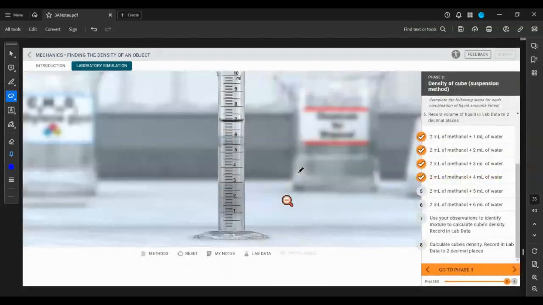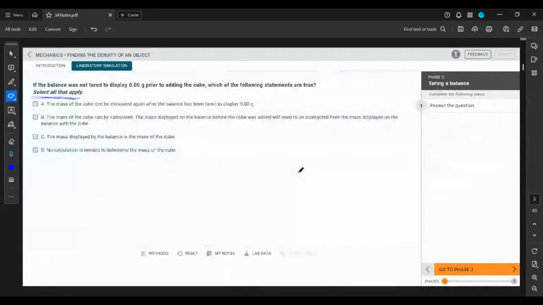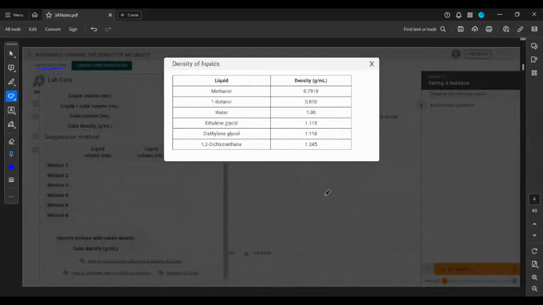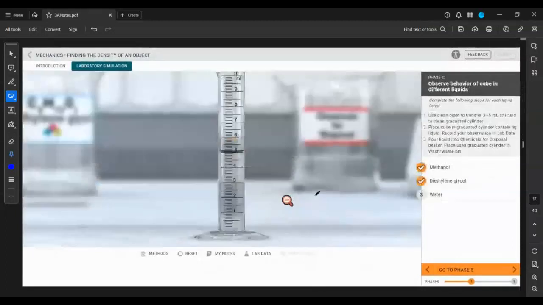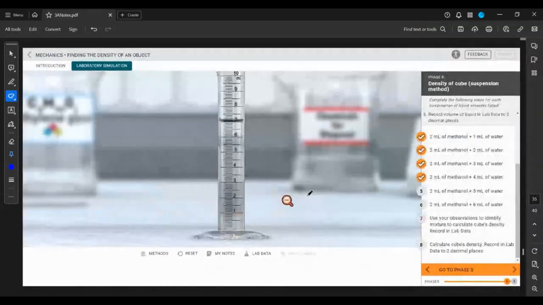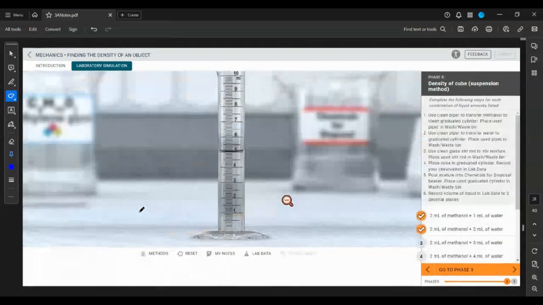Then we can use that information, and we can actually calculate the density of the cube. So we would need to go back to these densities. Methanol is 0.7918, and then the water is 1. So methanol here, 2 times 0.7918.